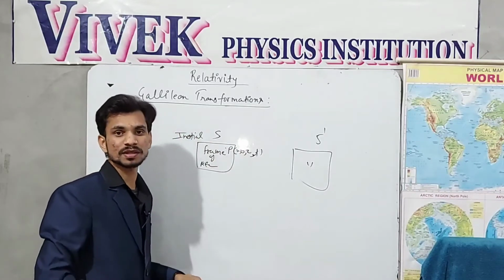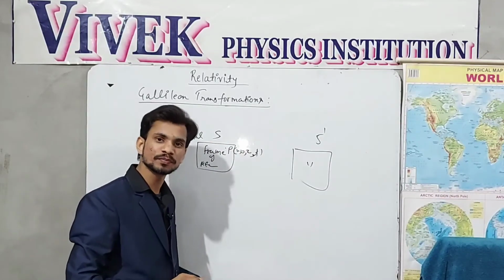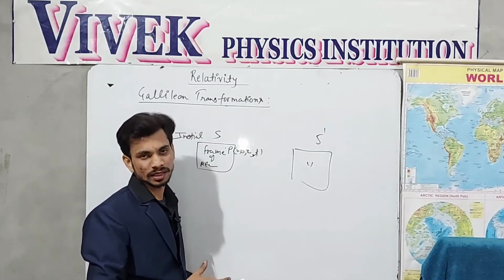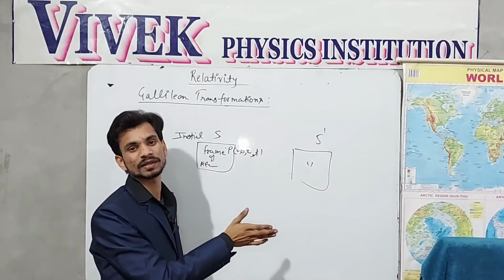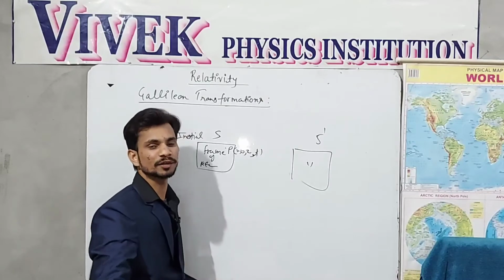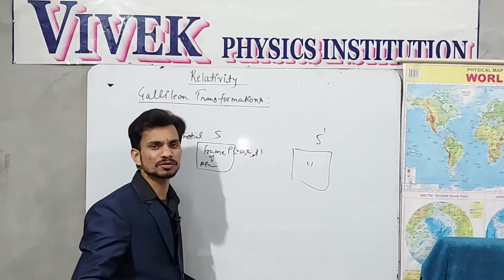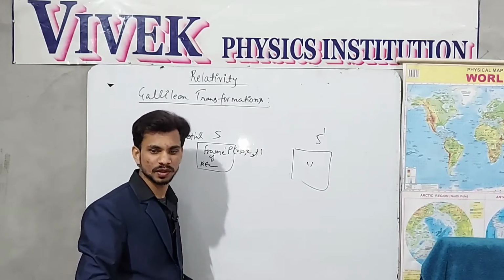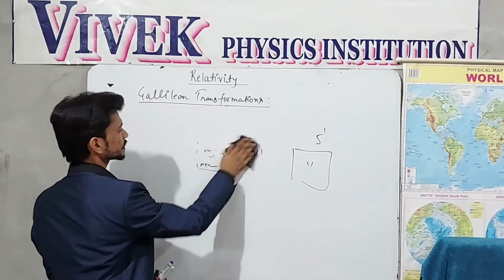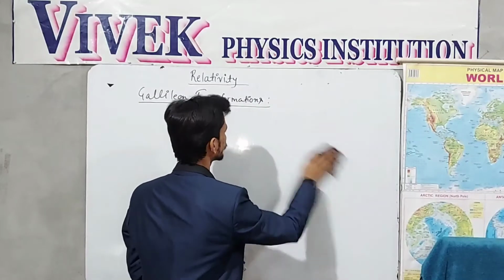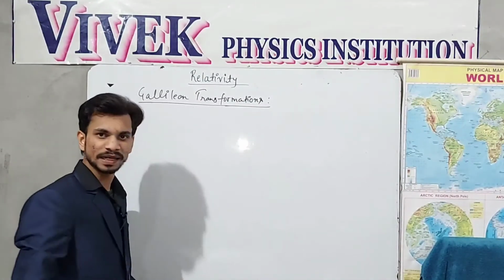Galilean transformations are used to convert the coordinates of a particle from one kind of inertial frame of reference to another kind of frame of reference, which should also be inertial. So there will be 2 or 3 cases in which we can use Galilean transformation.